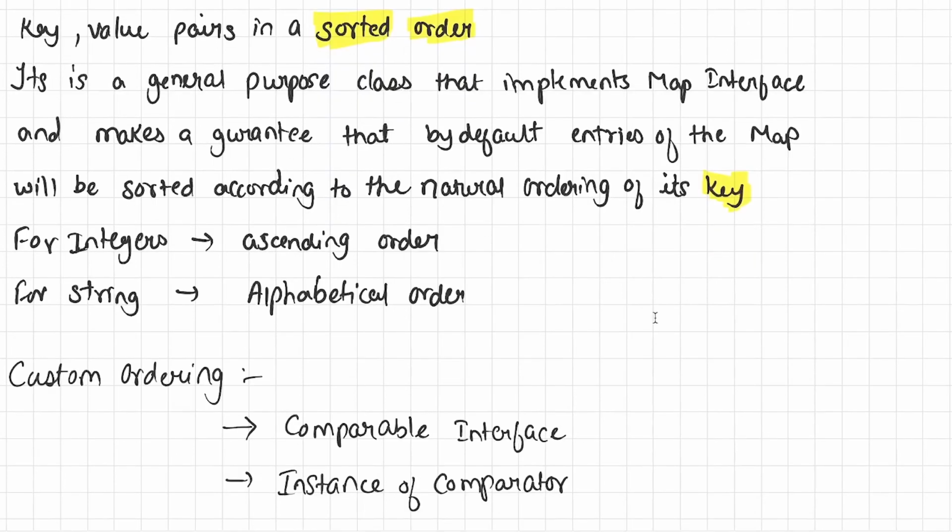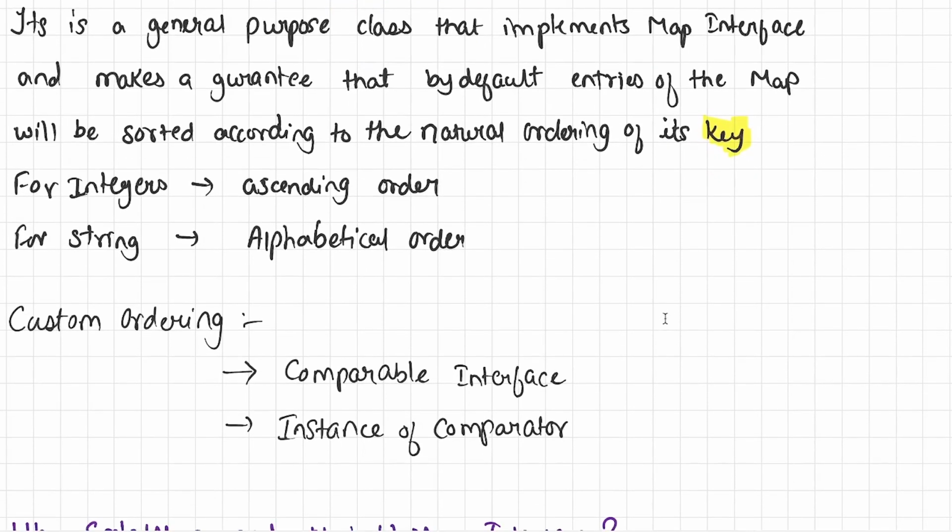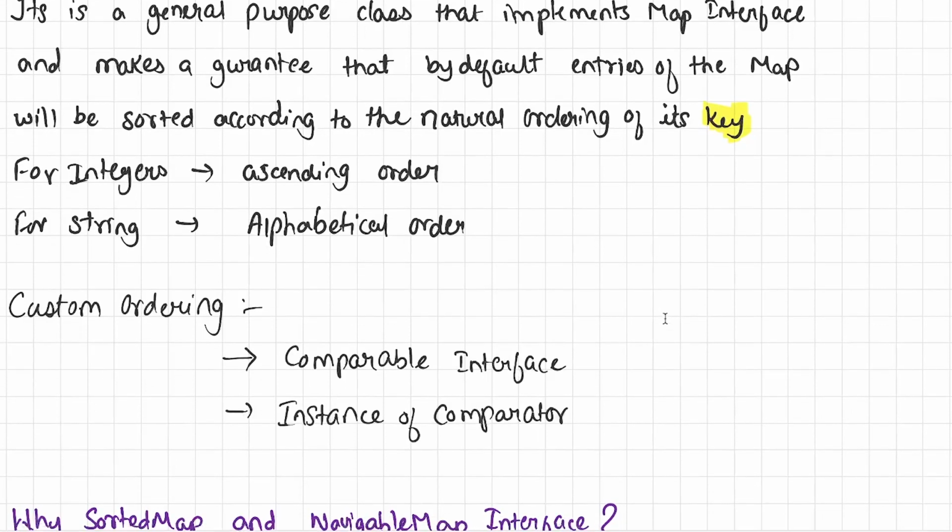Now here comes the question: what about the custom ordering? Let's say we do not want to sort all the entries in natural order, then what is the solution? So in that case, TreeMap is very flexible. It provides us two ways to sort all the entries. The first one is via comparable interface. So if you want to sort all the entries of TreeMap according to your sort order, then your key must implement comparable interface.